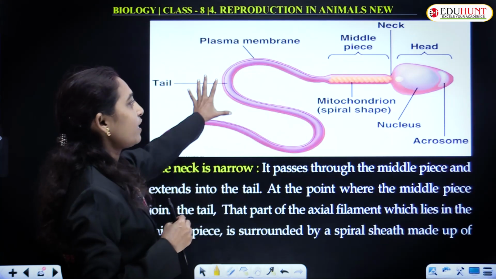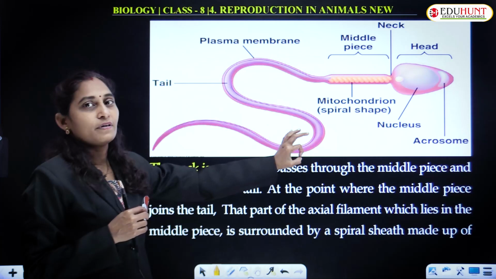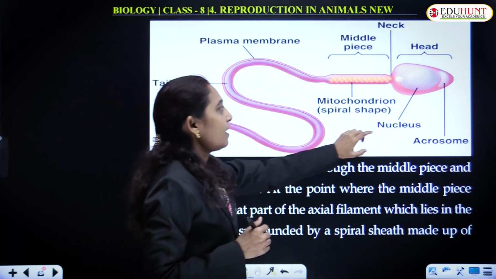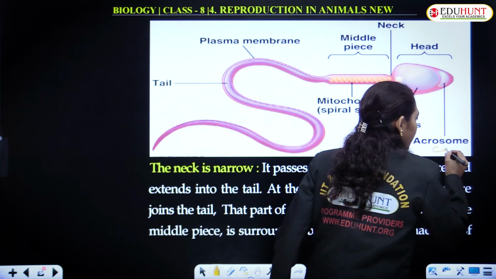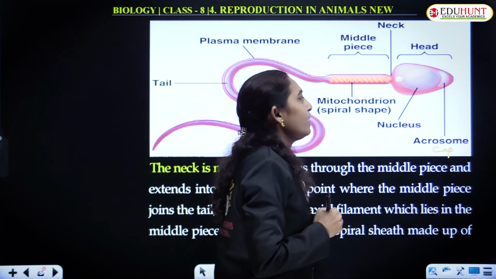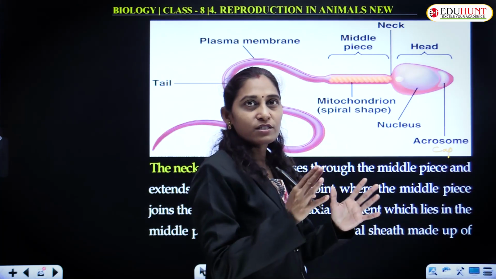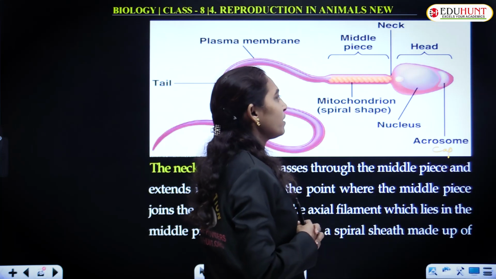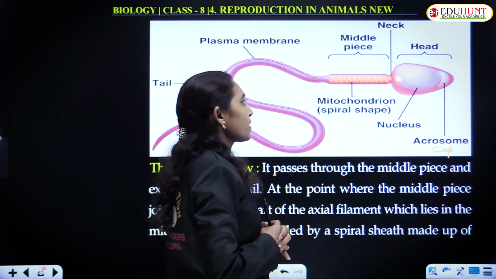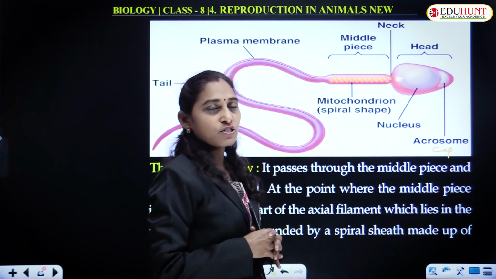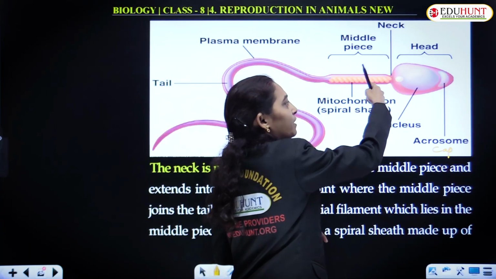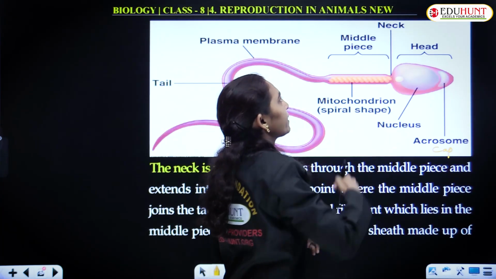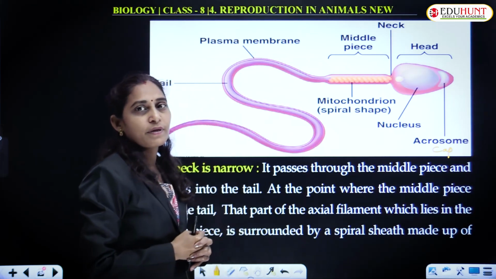This is the actual sperm which has an acrosome cap. Overall, it is called the head. It is triangular, more or less, and it encloses a functional nucleus. The part behind the head is called the neck, and there is a middle piece behind the neck.